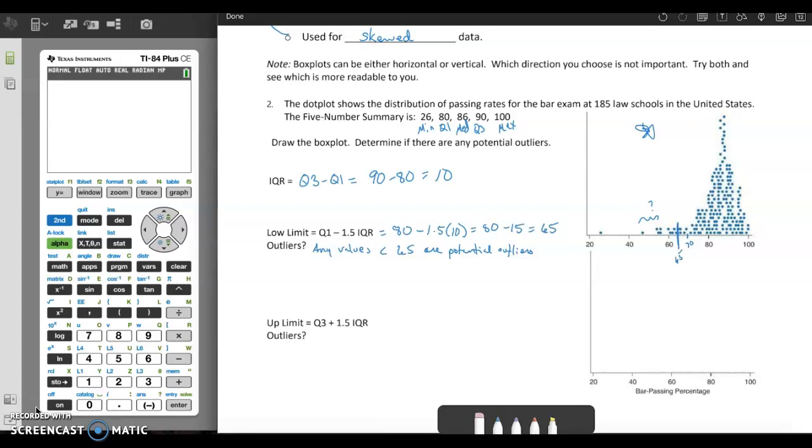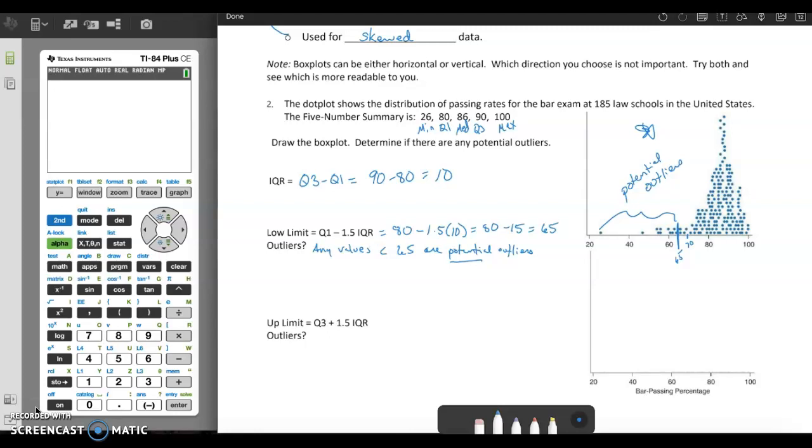That means that everything out here are potential outliers. I really felt that this low 26 was, but I wasn't sure about some of these others. And this says that anything below that 65 mark is a potential outlier. Maybe it is, maybe it isn't, but that's sort of the cutoff line for calling it one.